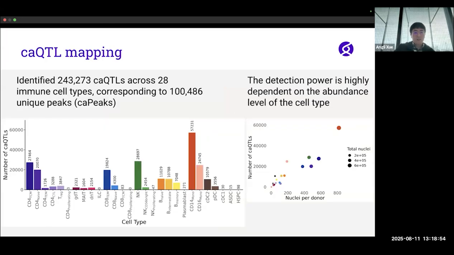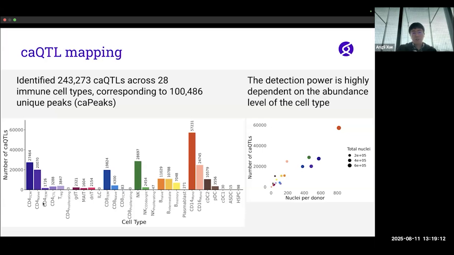Altogether, we have identified more than 200,000 caQTLs across 26 immune cell types, corresponding to around 100,000 unique peaks. As you can see, the number of caQTLs detected varies a lot across cell types.